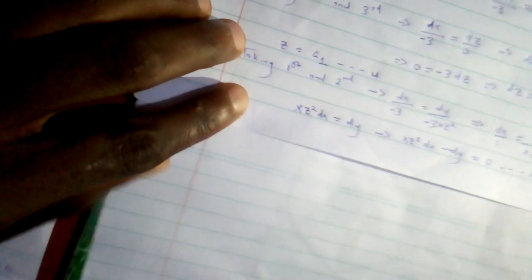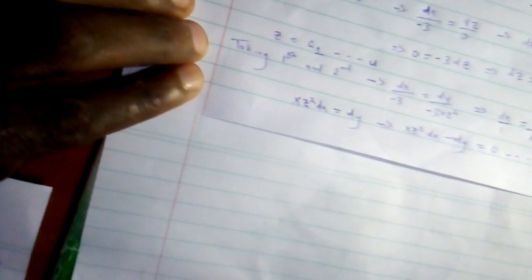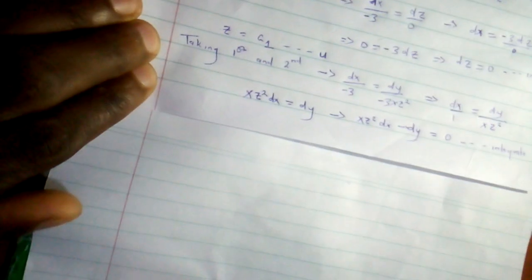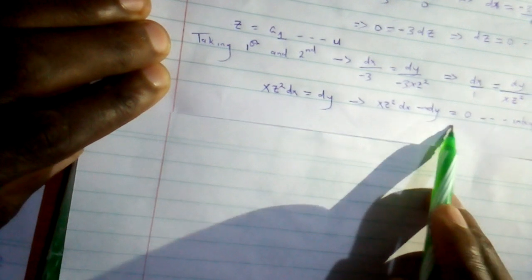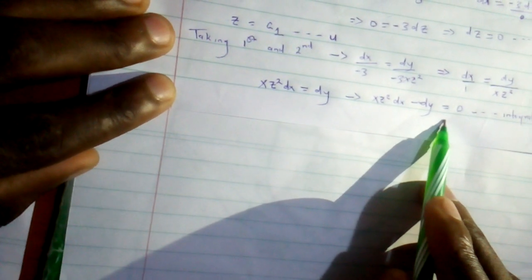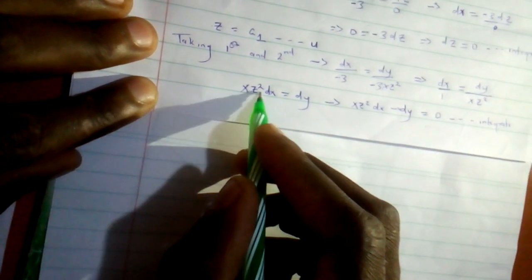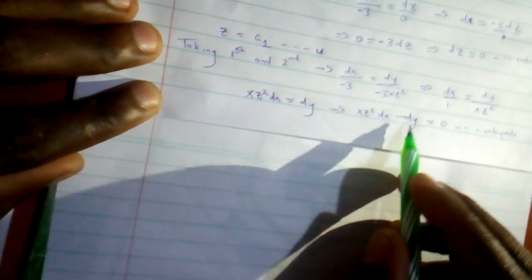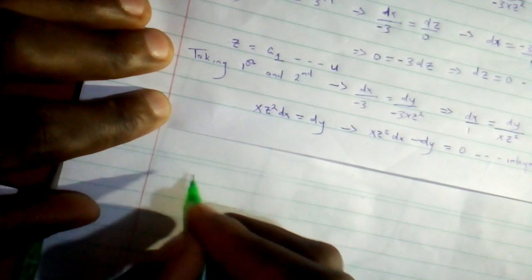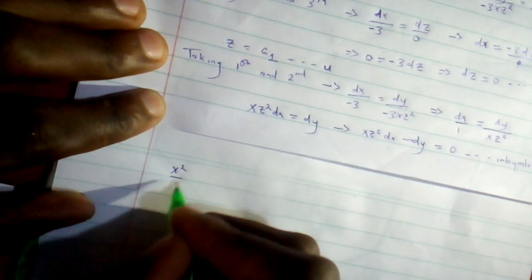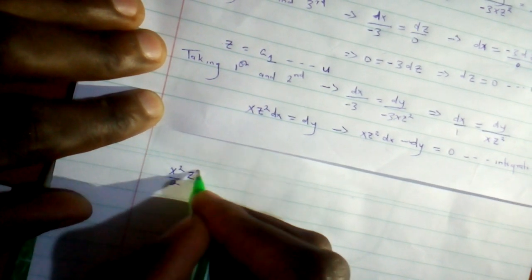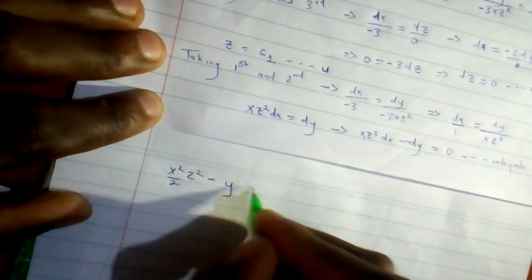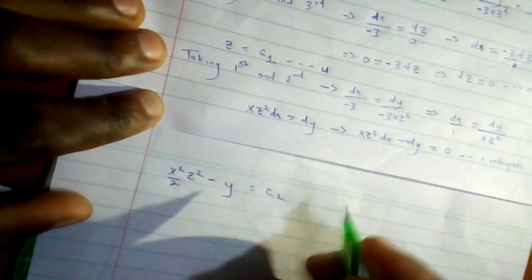Integrating this, we obtain this one with respect to x, this one with respect to y. We are going to obtain x squared z squared all over 2 minus y is equal to c2.